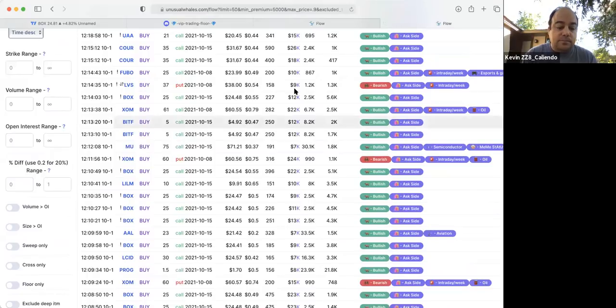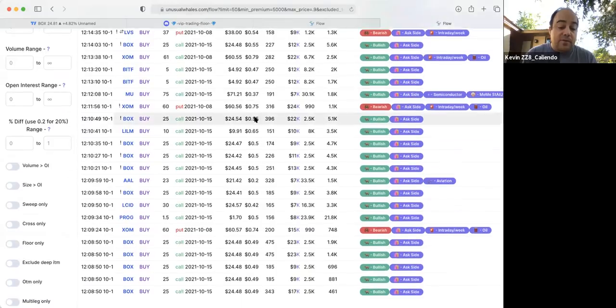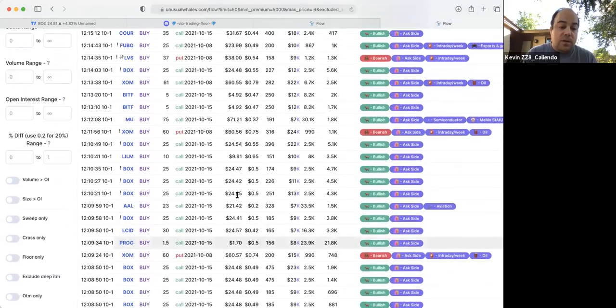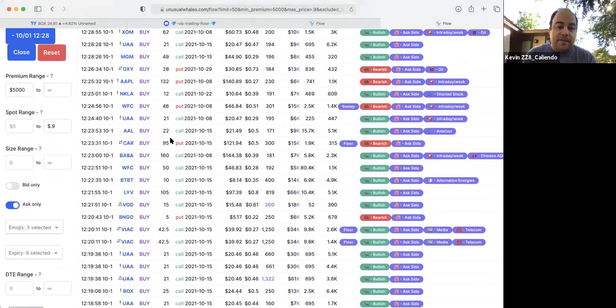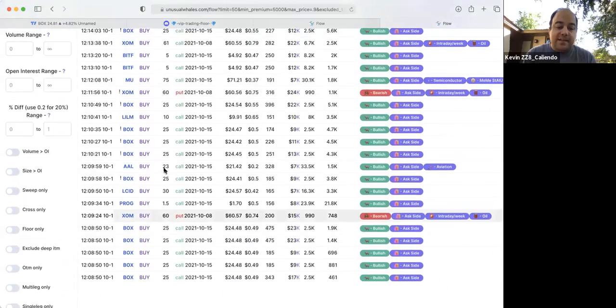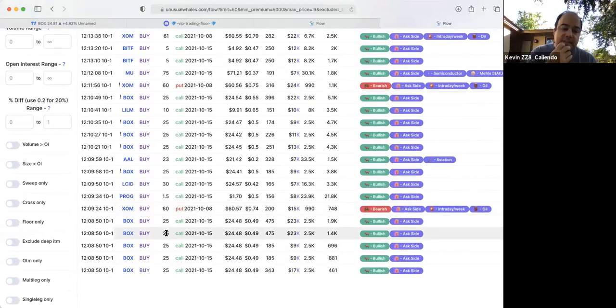So I want to take us through a trade I actually did, and I have a tab here for it. Okay, so at around noon on Friday, I noticed some orders coming in for Box, and caught my attention just looking at the underlying, 2448, noticing that the strike on those is slightly out of the money, and that's something that I look for.